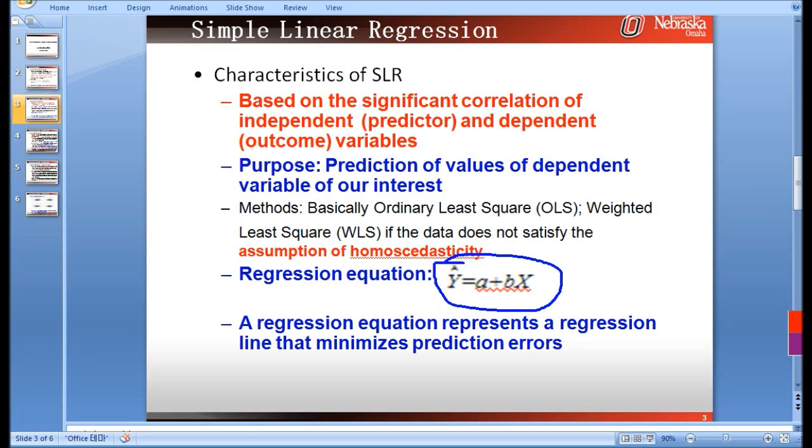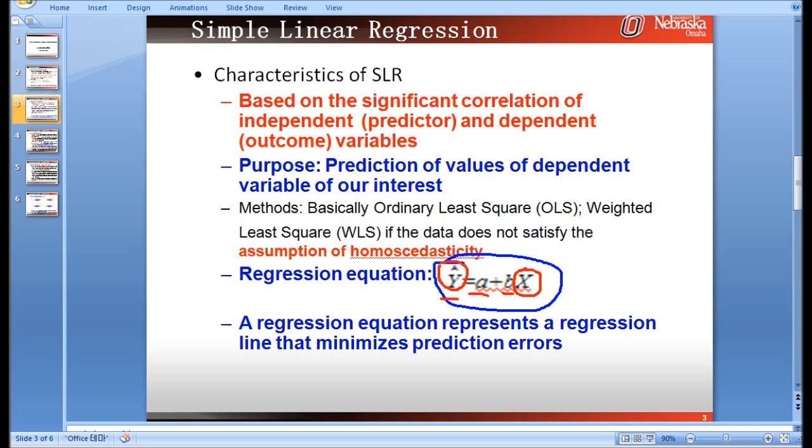Basically, what we are supposed to do in regression analysis is to identify A and B that can be used to predict a certain value of a dependent variable, which is y hat here, given a certain value of the independent variable, which is x here.